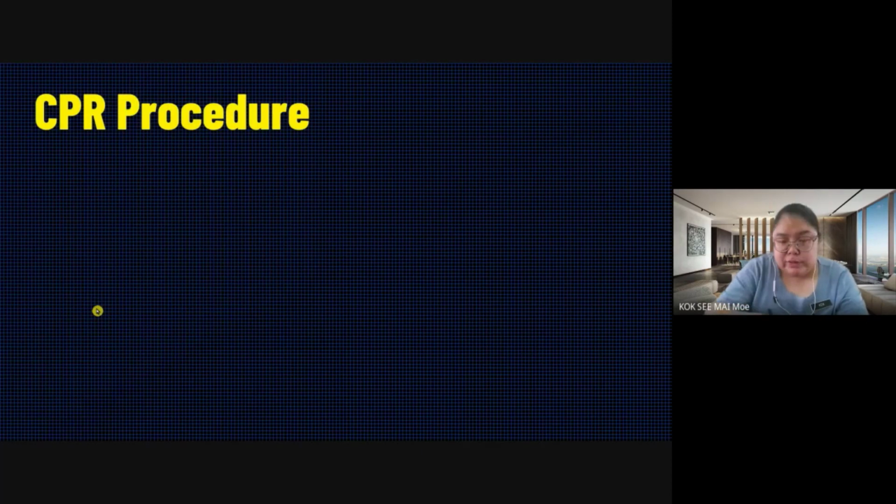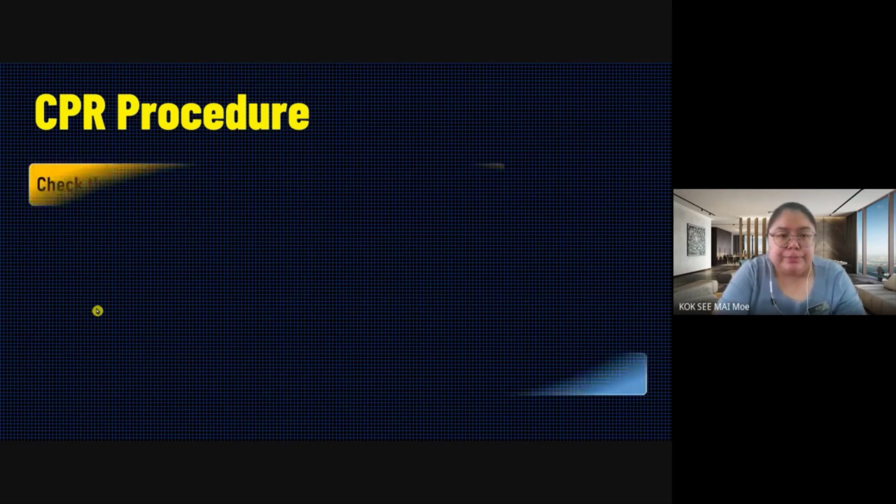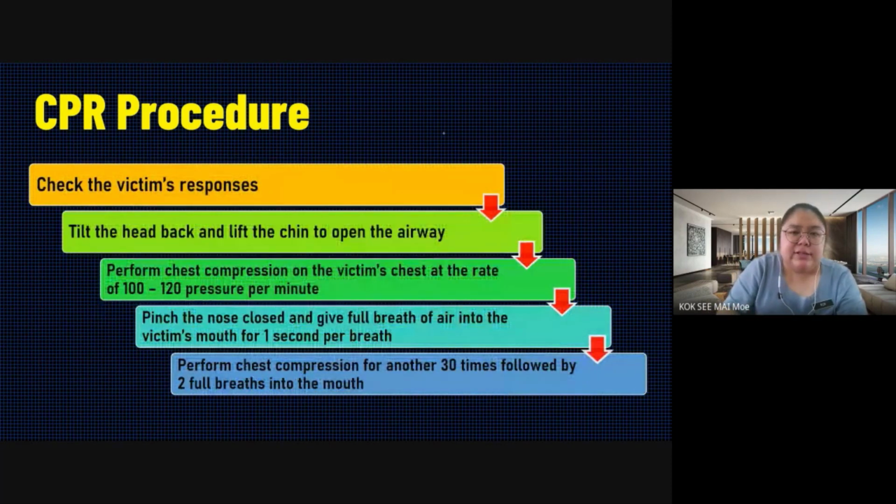Okay, the CPR procedure, what you need to do. The first step, sure, is to check the response from the victim. You shout, are you okay? Are you okay? After that, number 2, you tilt the head back and lift the chin to open the airway. The head is put back, flat on the ground, and the chin is lifted to open the airway.